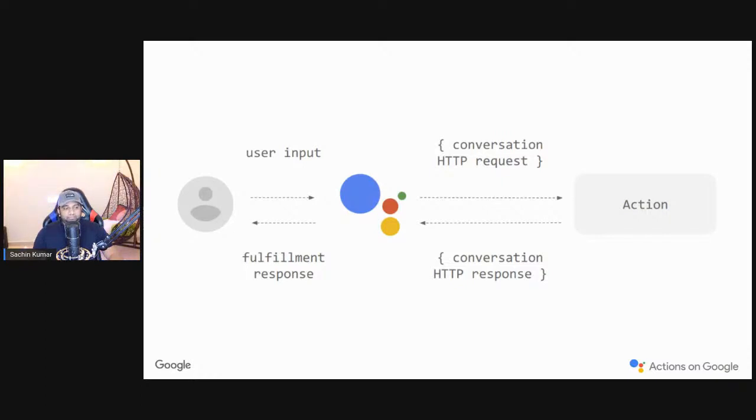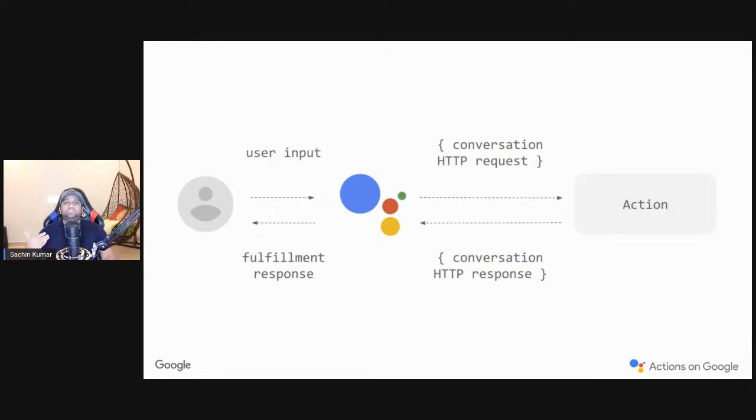So typically, the Google Assistant works in this way. You have a user. Let's say I'm sitting here. This is the Google Assistant, and we have your action or your application that you have built. Whenever I have a conversation with the Google Assistant, it gathers the information from me. If I'm talking to it, it does the speech to text conversion, the NLP, the machine learning, everything is handled by the Google Assistant.